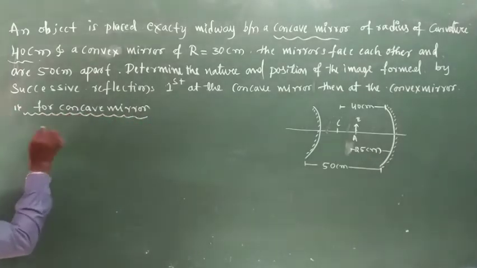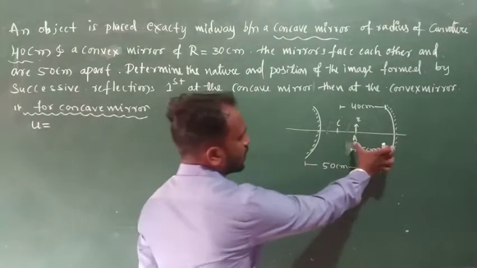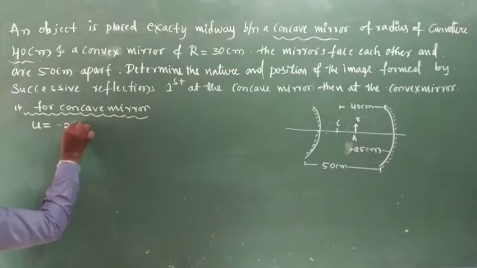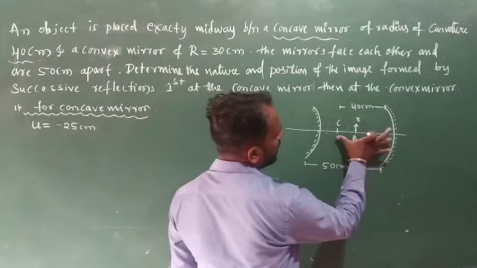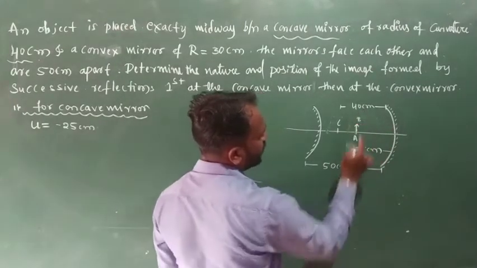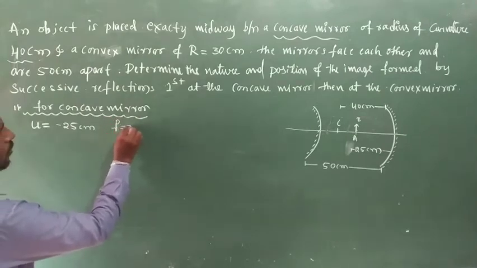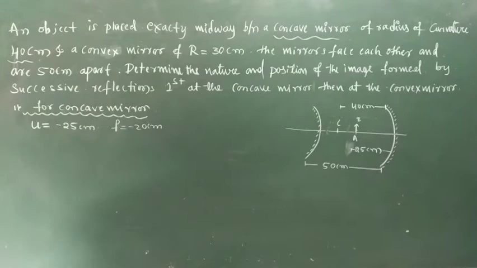In the concave mirror, the object distance u is minus 25 centimeter. The radius of curvature is 40 centimeter, so the focal length f is minus 20 centimeter.